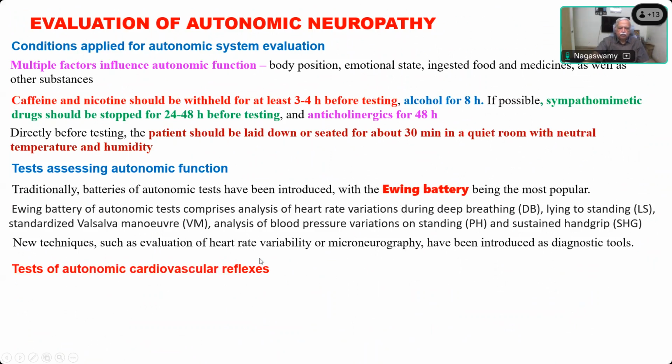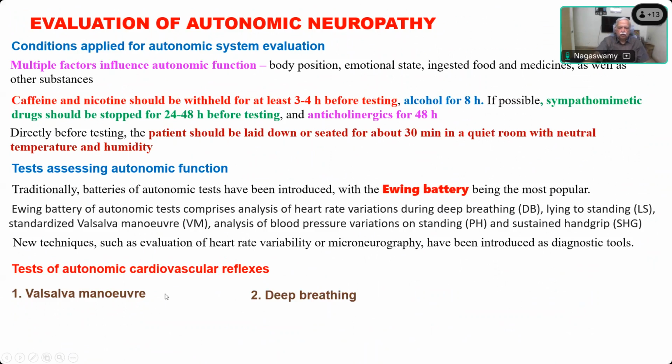Coming to the cardiovascular reflex tests, first and foremost is the Valsalva maneuver, which can be easily done in the clinical setting itself. Sometimes the Valsalva maneuver can be asked as an individual question.